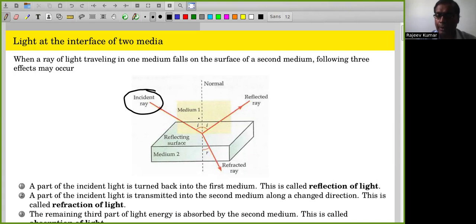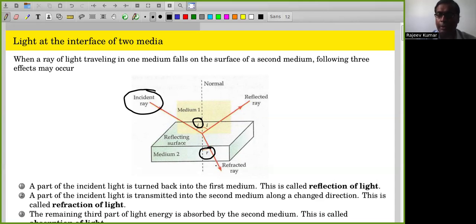So we can see here an incident angle I, and the refracted angle R. So some part of the incident ray gets refracted through the material.